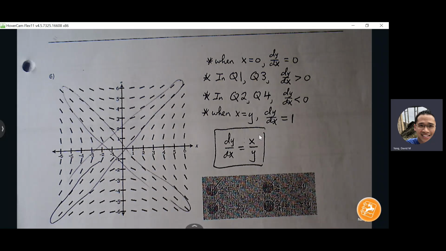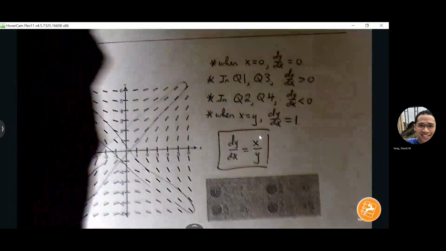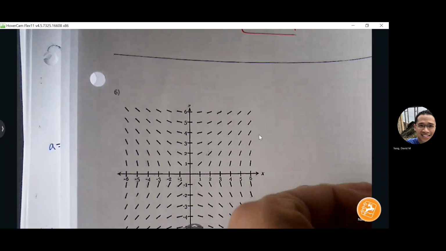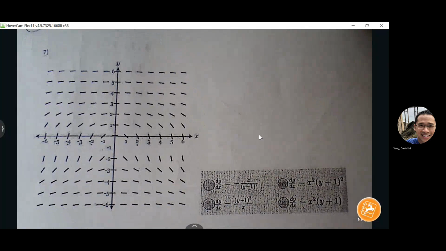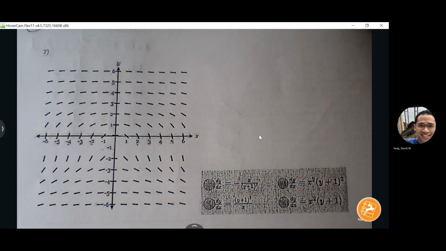Okay, let's finish off with 7 and 8. Page 14. It should be an easy one here for number 7.